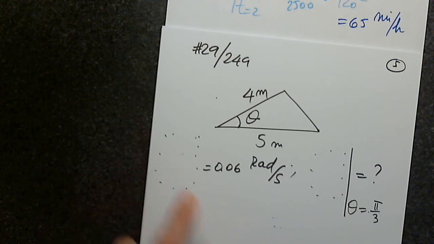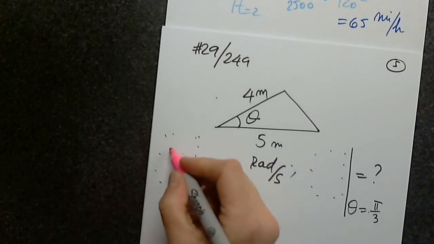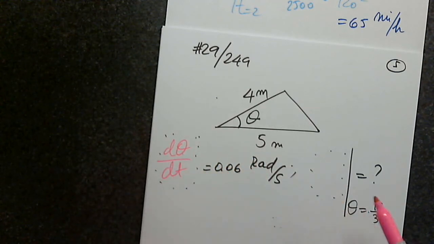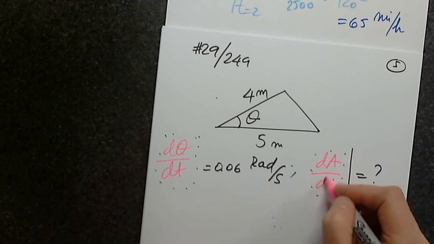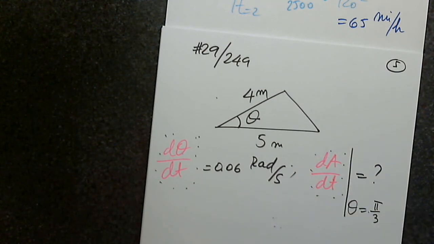What is this? Well done. Indeed, d theta over dt. And what is this? Of course. Thank you very much. Do we understand what's happening here?